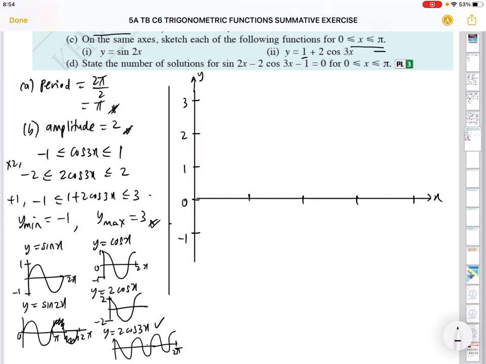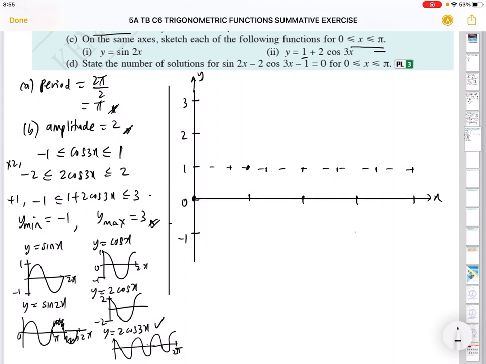Okay, so I want to subdivide this into 6 parts. So I put 1 point here, another point here, another point here. Can you see some subdivision? It's not very clear, but it's good enough for us to draw. Okay, the sine graph is easier because we only have to draw the starting point here, 1, 2, 3, 4, 5. I'm drawing sine 2x from 0 to pi.